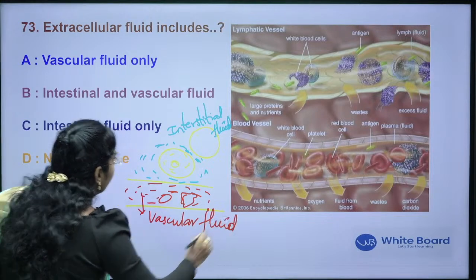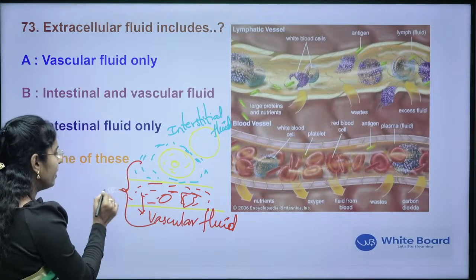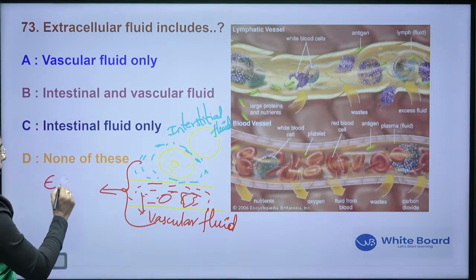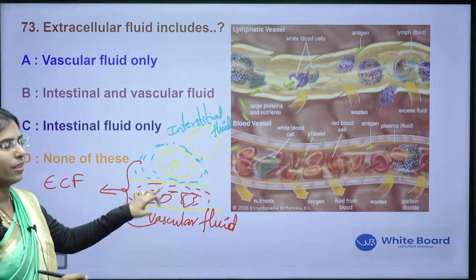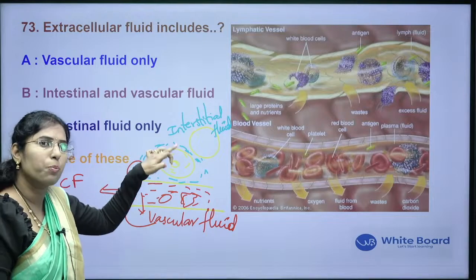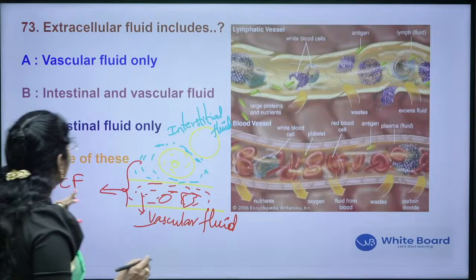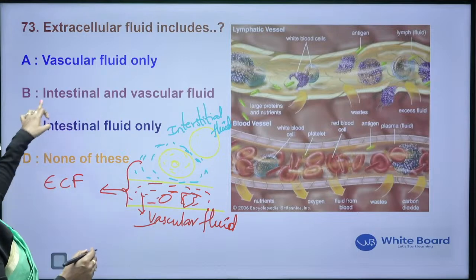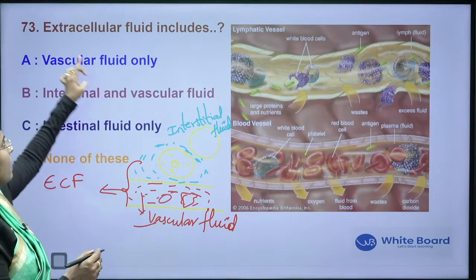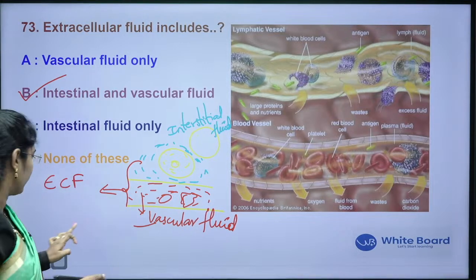So, these two, interstitial fluid and vascular fluid, are considered as extracellular fluid, whereas the fluid present within the cells is considered as intracellular fluid. Okay. So, what will be the correct option? Interstitial and vascular fluid are considered as extracellular fluid. So, option B is the correct answer.